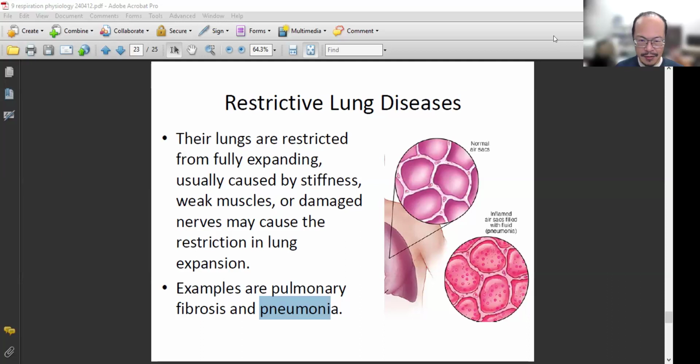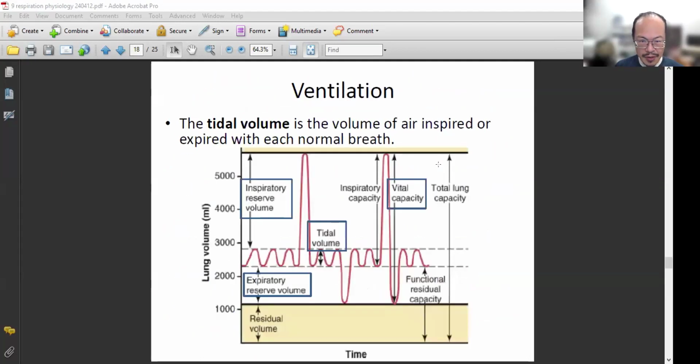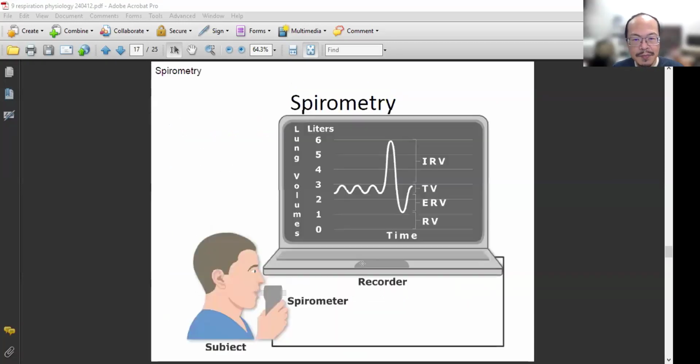The way to do it is, in addition to using the spirometry to get the breathing, we ask the patient to hold on to this one. And we ask the person to expand the lung as much as possible. So we make the lung volume increase to its maximum, the total lung capacity. And then we ask the person to breathe out as fast as possible.